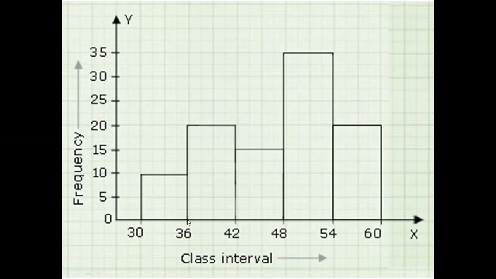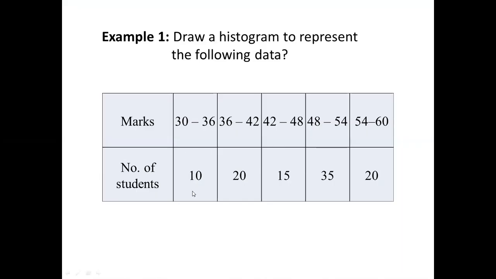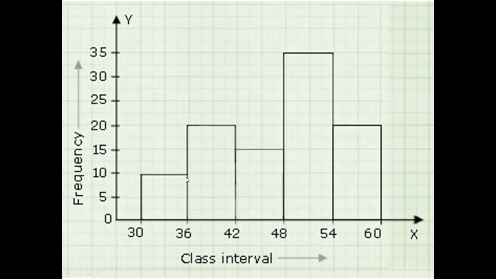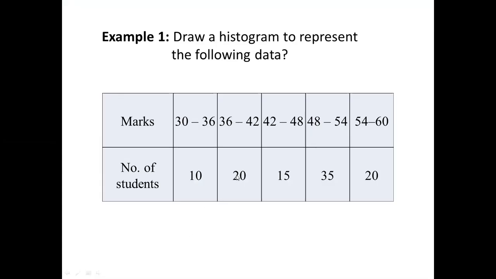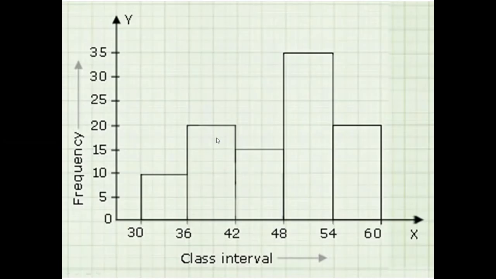And then from 36, because the class interval is from 30 to 36, another line segment from 36 you need to draw vertically up to 10, and then join these 2 points. So that becomes one bar of yours. Similarly, you will do the bars for the subsequent class intervals.